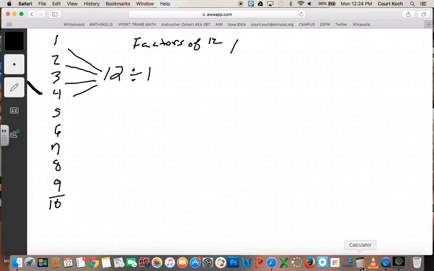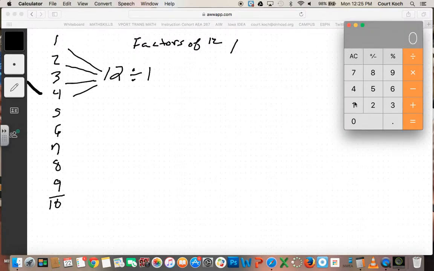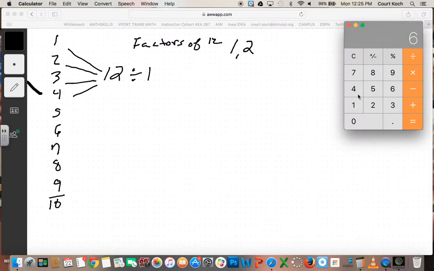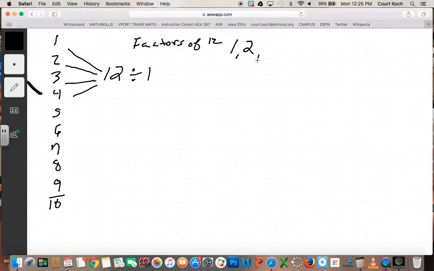Now I take my calculator again and divide 12 by 2. Well, that's a whole number, so one of the factors is 2. I separate my factors by a comma: 1, 2. Try 3. 12 divided by 3 is a whole number, there is no decimal, so 3 is a factor.